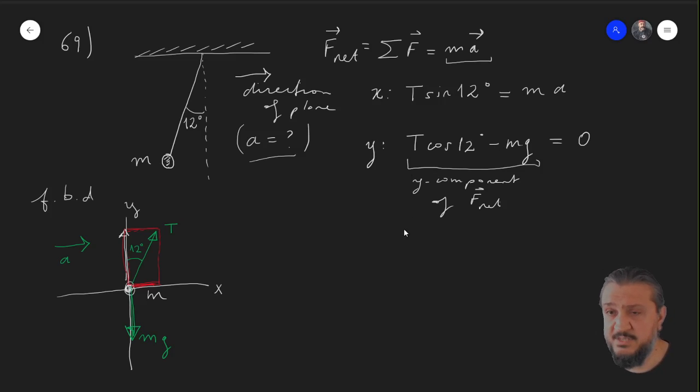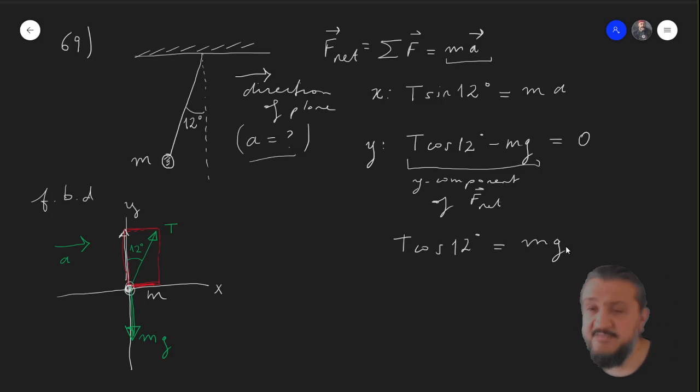Write the second equation as T cosine 12 equal to mg, right? Add mg to both sides. Good. So the first equation is T sine 12 equals ma. The second equation, T cosine 12 equals mg.